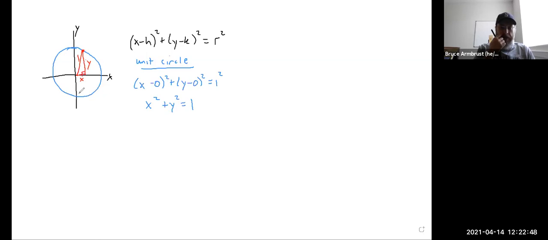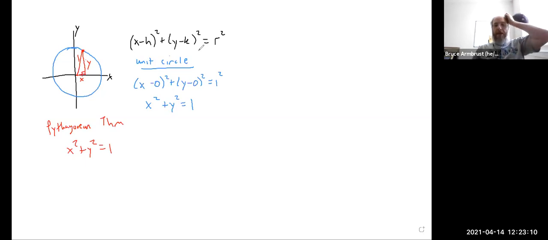It's the radius. Well, if you do the Pythagorean theorem on that, you get x squared plus y squared equals 1 squared. So that's actually where this equation for circles comes from: doing the Pythagorean theorem on a radial line from the center out to one of the points.